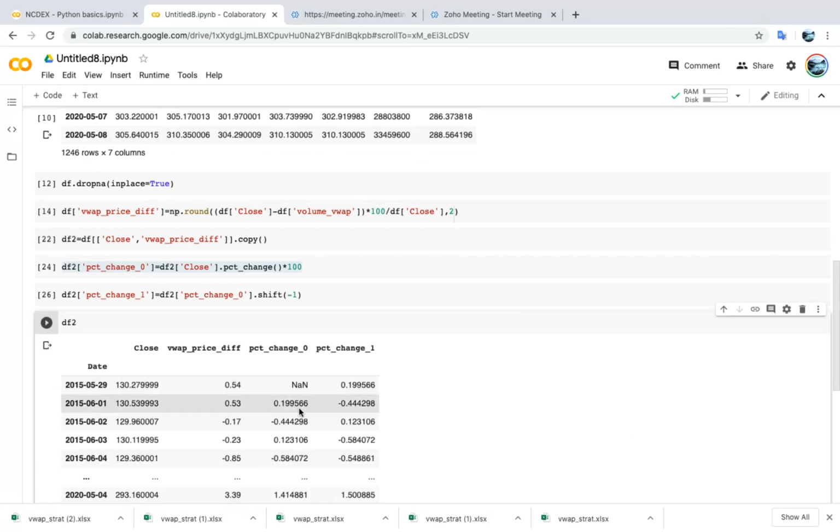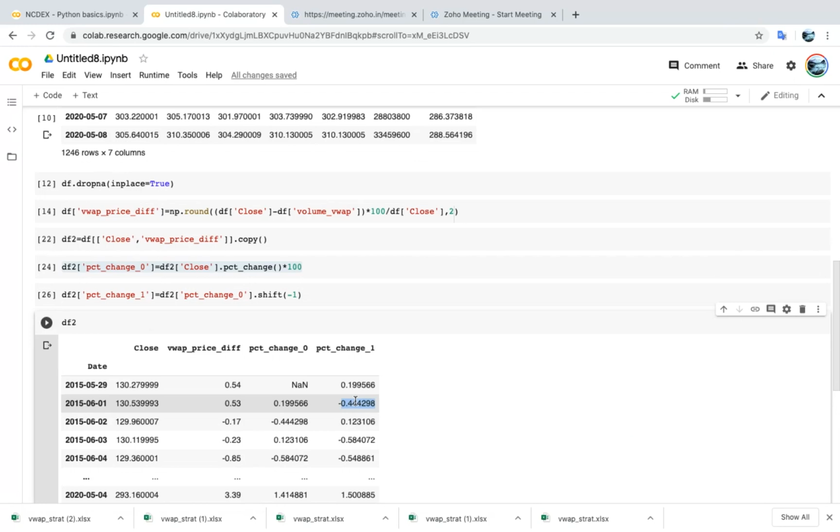Now if you see carefully, shift 0, this is the percentage change, 0.1199566 for 1st of June. And percentage change of tomorrow. Here it is showing the tomorrow. Like on 1st of June 2015, for tomorrow it was minus 0.444. It is showing it here.